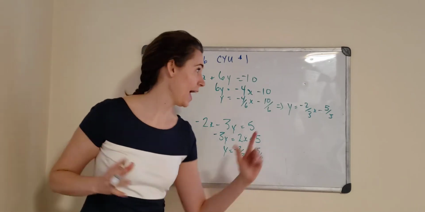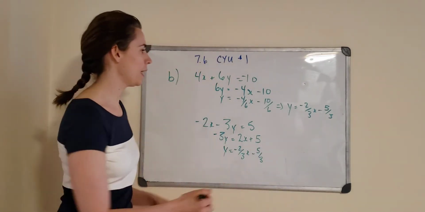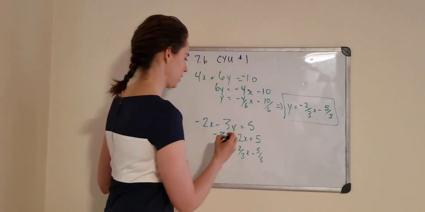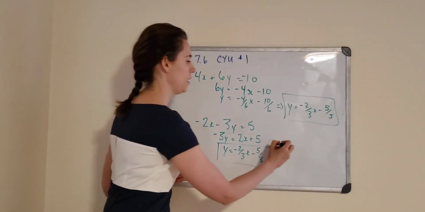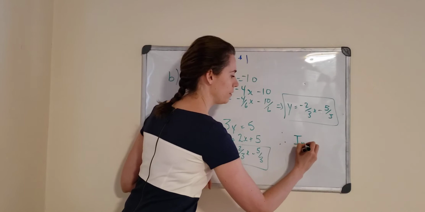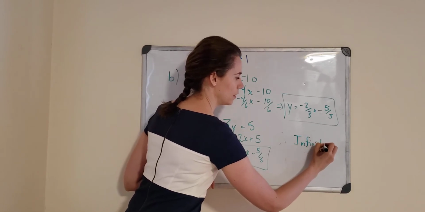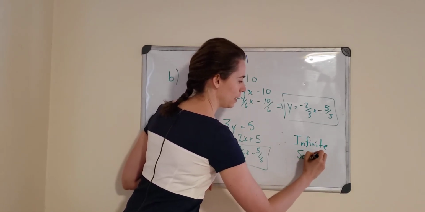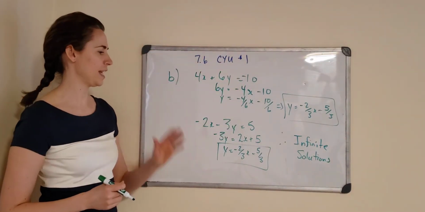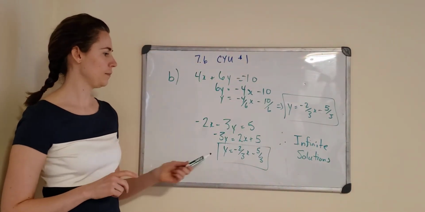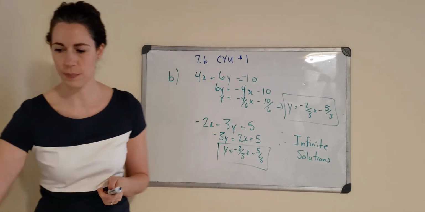What? That looks the same as this one. Okay, so these lines are exactly the same. So we know that that means therefore they have infinite solutions, okay? Infinite solutions, because those lines lie right on top of each other, so they intersect constantly. All right, so that is the answer to B.